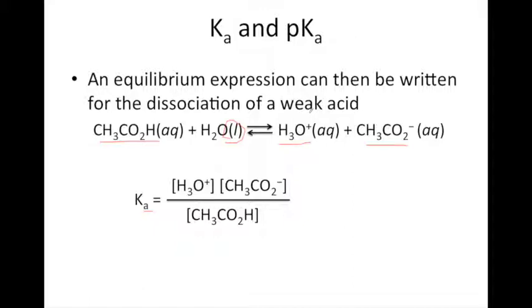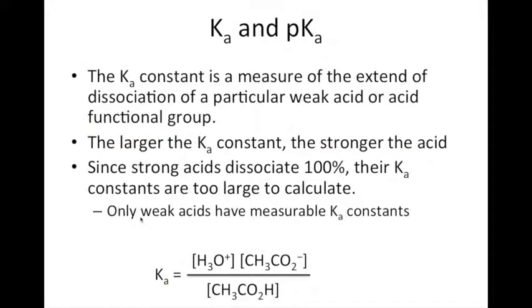So an acid that dissociates a lot will have a high concentration of the products and a low concentration of the undissociated acid. Mathematically, if we plug those concentrations in, Ka would tend to be very large. That's why for strong acids, we don't talk about Ka values. Since they dissociate completely, our Ka value would be too large to measure typically.